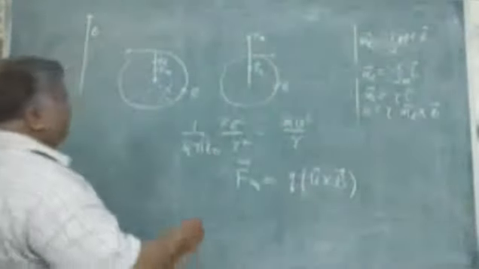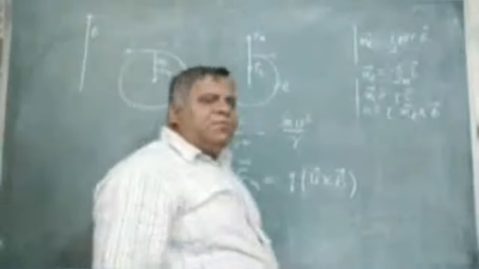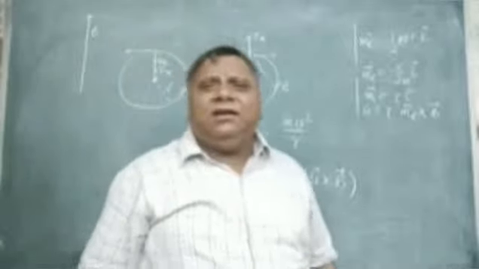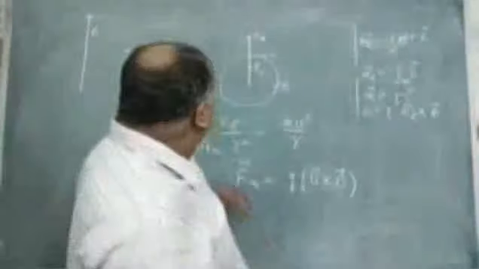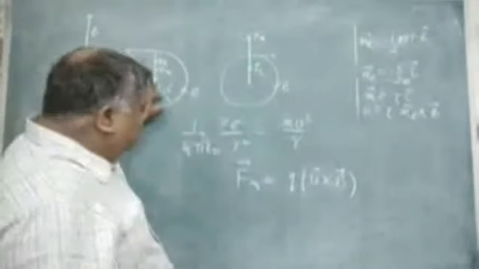So obviously if charge is positive, force is outward. But the electron has negative charge, this makes this force towards the center.